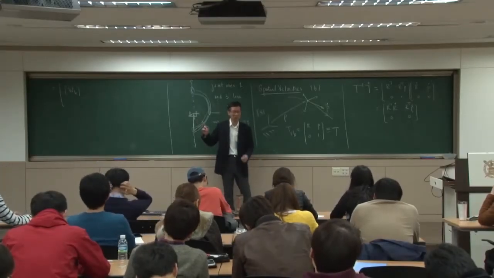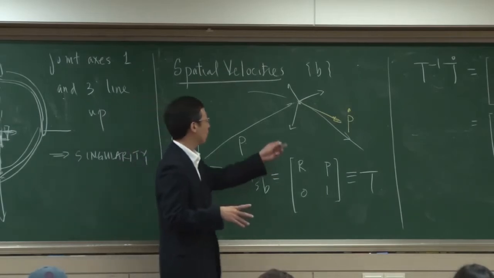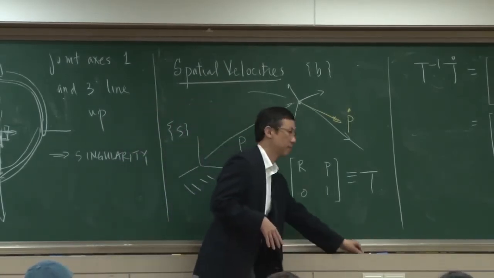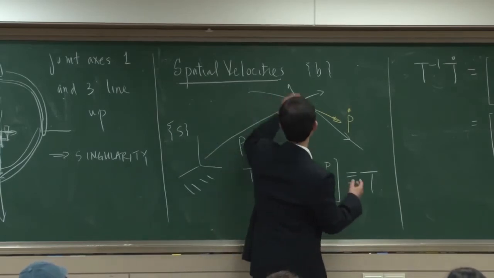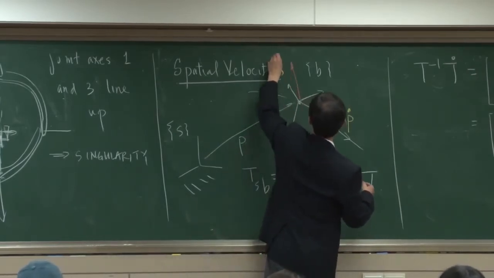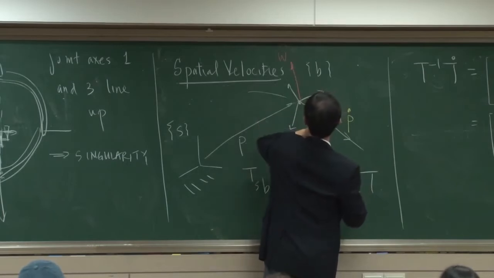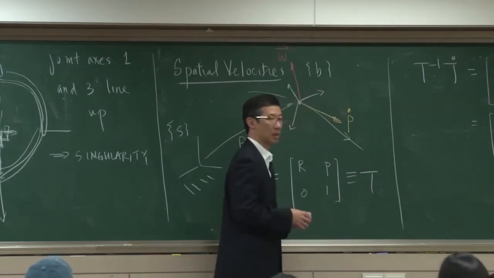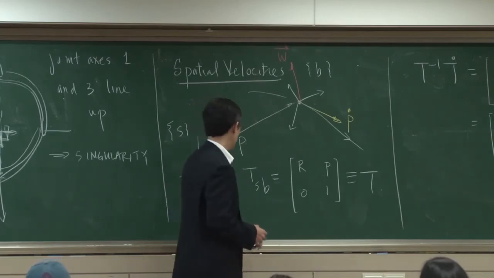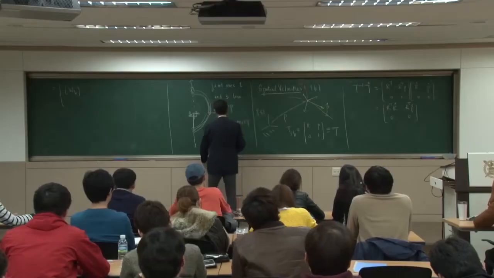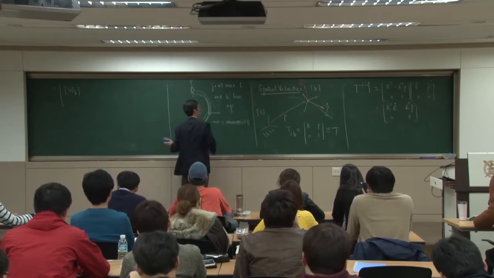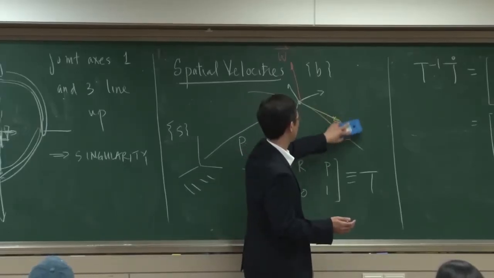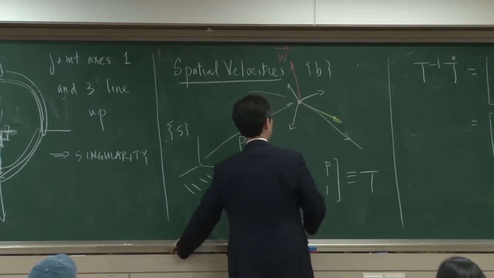Omega B. So omega B is the angular velocity of this frame. Let me not call this P dot. Let me just call it V for now.